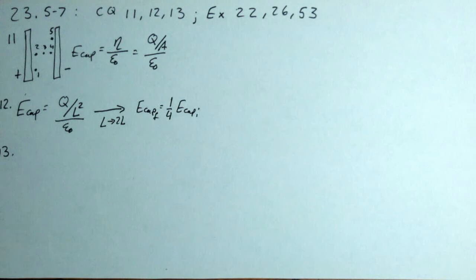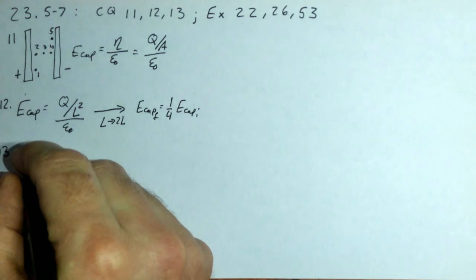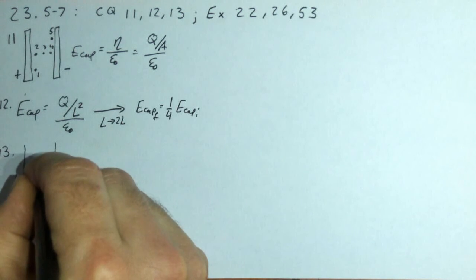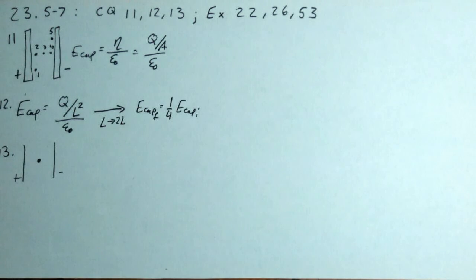Now the question is, if it's a positive object, we release a positive charge from rest in the middle of that capacitor. Where's it going to go? It's the same capacitor as in 11. So I draw it here, plus, minus, and I release this particle here. If that particle is positive, what direction is it going to go?